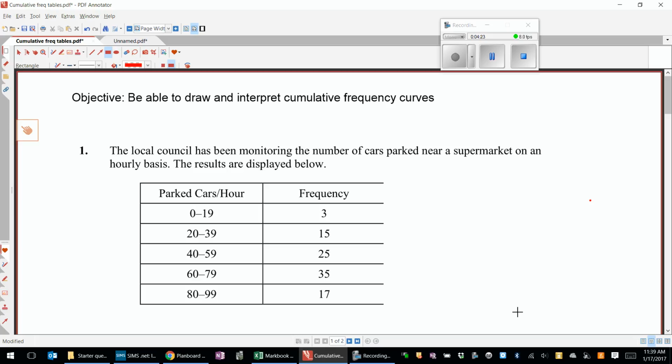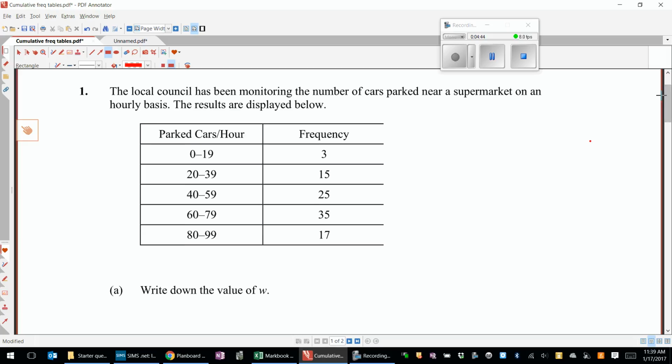So that means that 35 times in their survey there were between 60 and 79 cars in the car park. So what I would say first to help you understand is, how many times did these people go out?